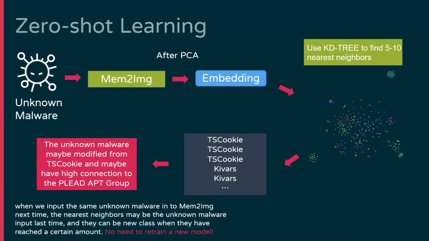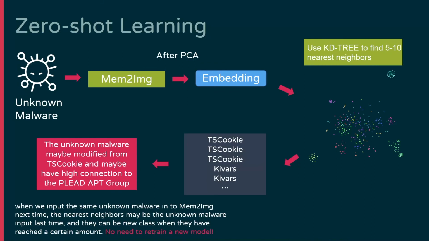And when we want to detect unknown malware that wasn't in the training classes, we can use zero-shot learning, which also uses Mem2Img to extract embeddings and then uses a KD-tree to find 5 to 10 nearest neighbors in our dataset.